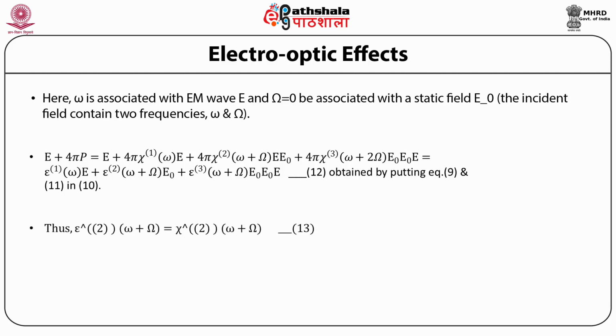Thus epsilon 2 omega plus omega equals chi 2 omega plus omega, and epsilon 3 omega plus 2 omega will be equal to chi 3 omega plus 2 omega.